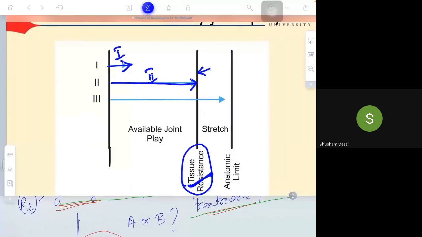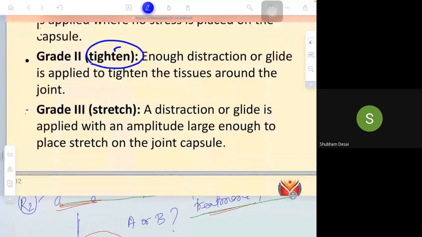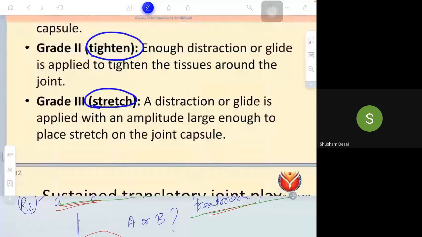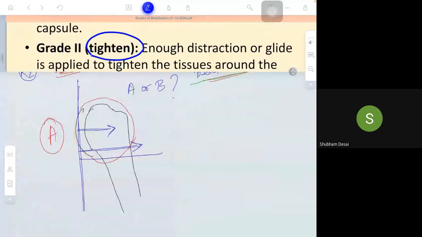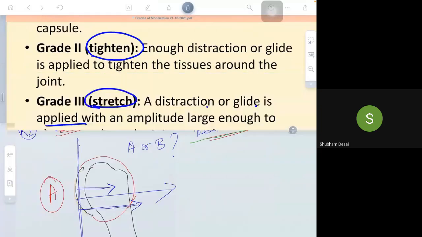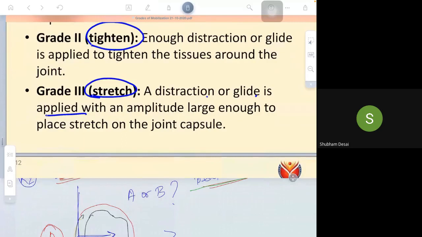And what is grade 3? Distraction or glide is applied. That is, you are distracting the joint in such a way that it places the stretch on the joint capsule.